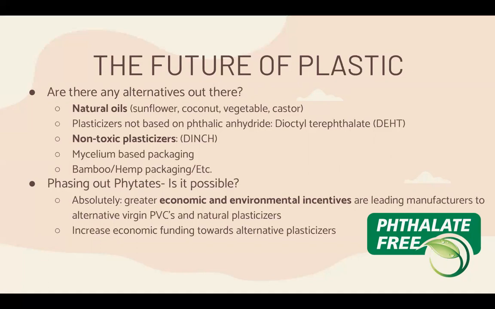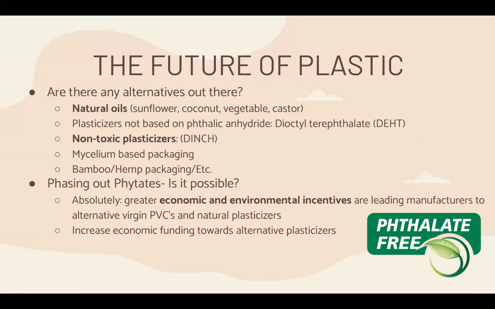With this, we've also been seeing a switch in plastics altogether with plant-based packaging like mycelium and bamboo. We have some very durable and cost-efficient plants like bamboo, hemp, and mycelium that can be harvested and used for packaging, and they are almost the secondary plastic. So phasing out phthalates, is it possible?